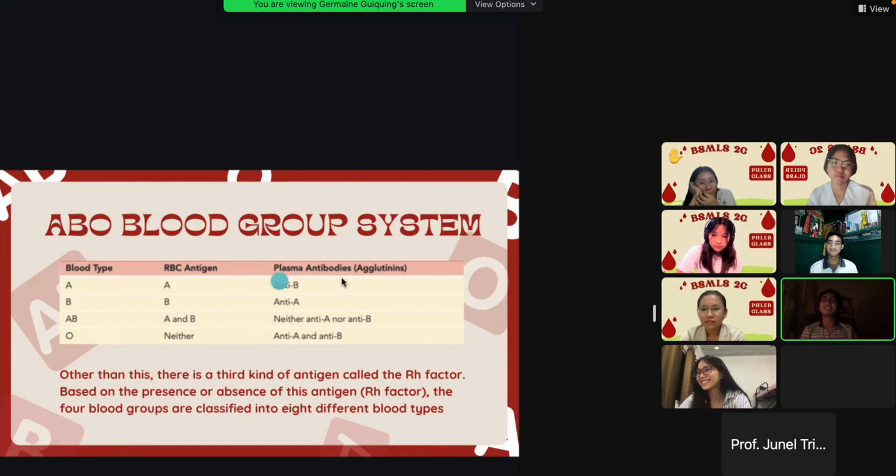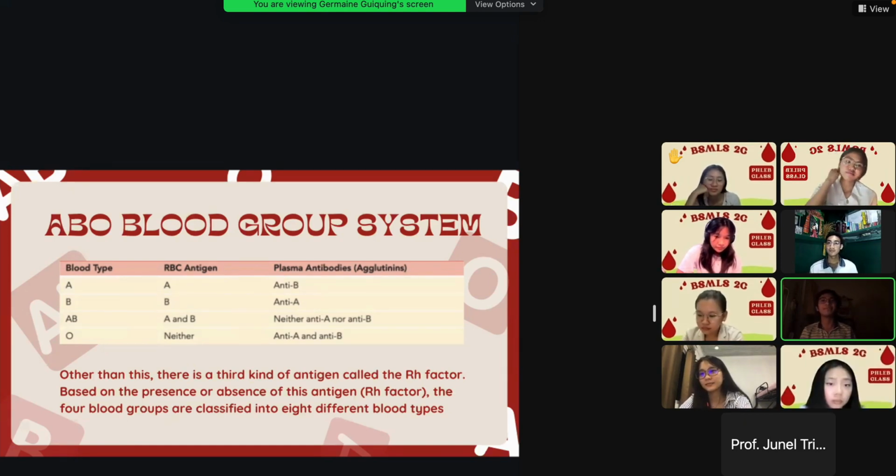Okay, so blood type B, ang antigen is B and then antibody is anti-A. Then type AB, ang merong antigen sa kanya is type A and B. So ito yung reason kung bakit ang type AB is ang ating universal. Type AB ang ating universal. Anyone? Okay, so ang type AB natin is ating universal recipient.